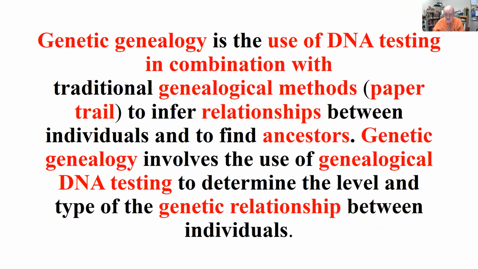Genetic genealogy is the use of DNA testing in combination with traditional genealogical methods, or the paper trail, to infer relationships between individuals and to find ancestors. Genetic genealogy involves the use of genealogical DNA testing to determine the level and the type of the genetic relationship between individuals.